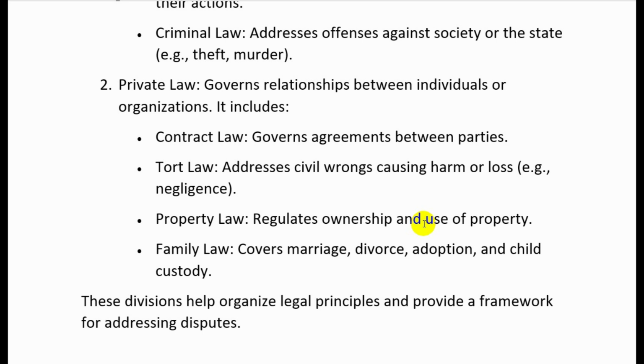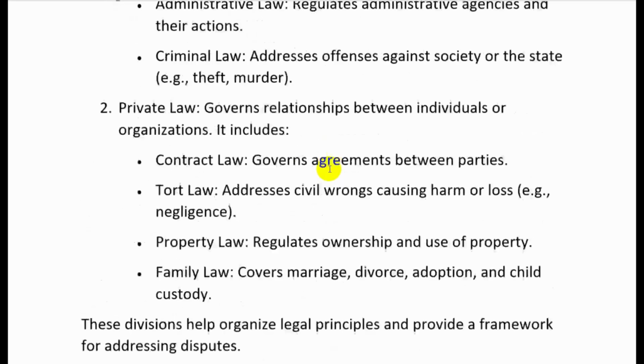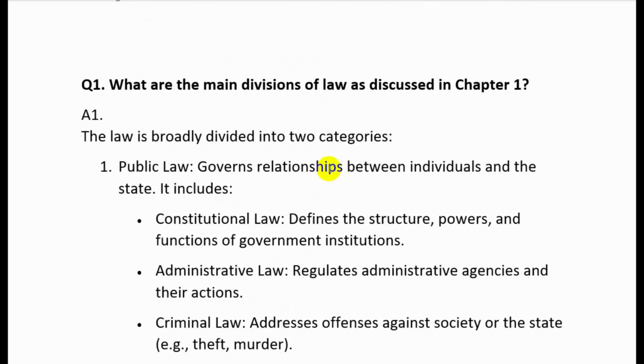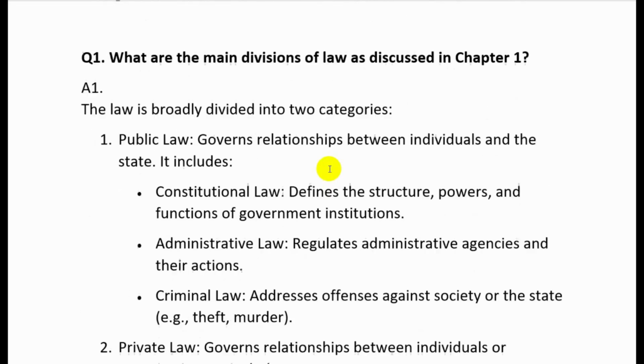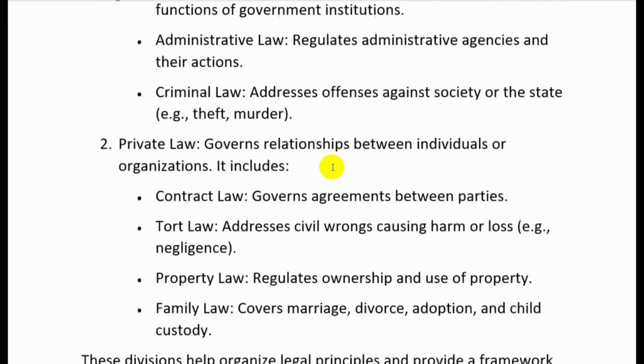Third is property law, which regulates ownership and use of property, and family law, which covers marriage, divorce, adoption, and child custody. These divisions help organize legal principles and provide a framework for addressing disputes. So, these are the two different types in which the divisions of law, basically public law and private law.